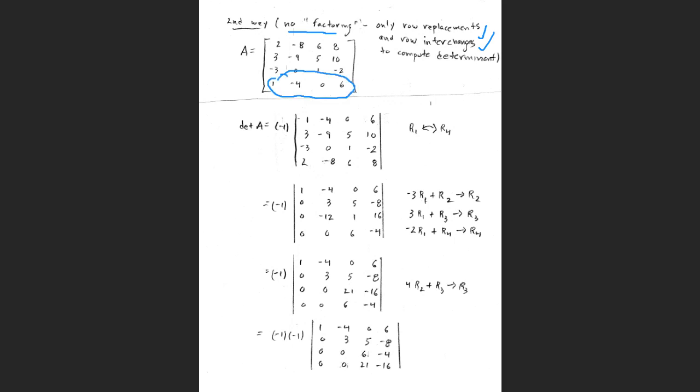So let me interchange that with the top row. And that's what I do here. And of course, by property B, that introduces a -1. So we're not going to have a factoring step. We're not going to do any scaling for this second way.